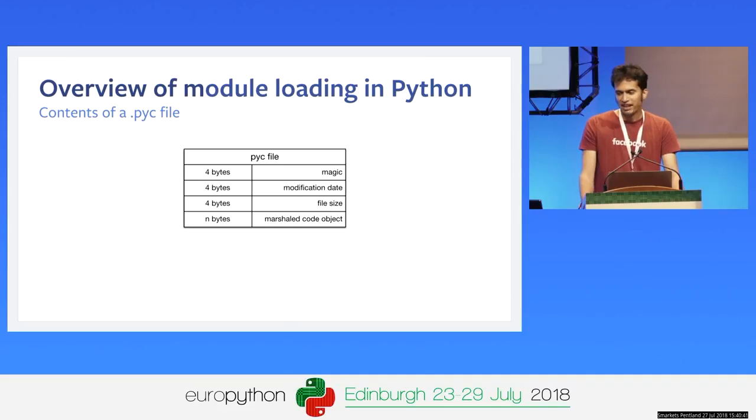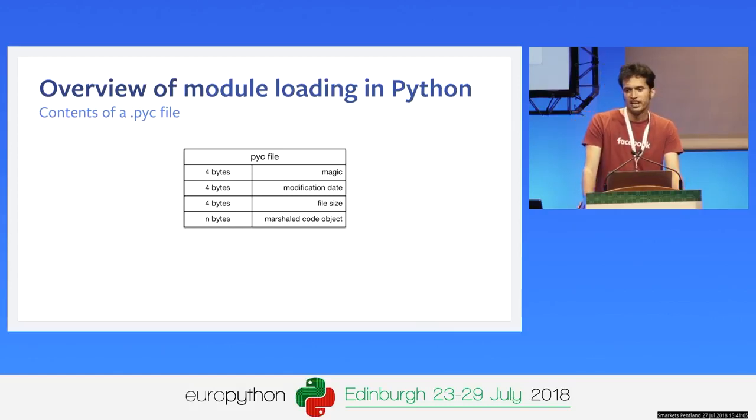The pyc file format is by far one of the simplest file formats ever. There's just a 12-byte header, and everything else is just a marshaled code object. The header used to be 8 bytes in Python 2, if I recollect correctly, and now there's an extra field, so it's 12 bytes. So the simplest working .pyc loader would be just a couple of lines of Python.